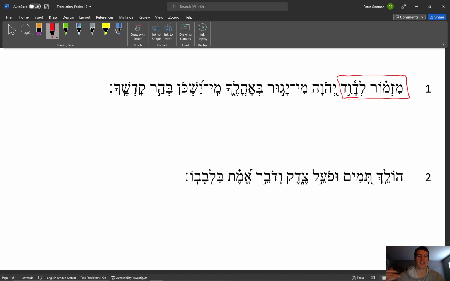It'll be in italics right next to the chapter marker. And, well, in Hebrew at least, it's treated as an inspired part of the text, and I think that we ought to treat it that way. So anyway, that being said, a Psalm of David, and then the psalm proper starts with Yahweh.